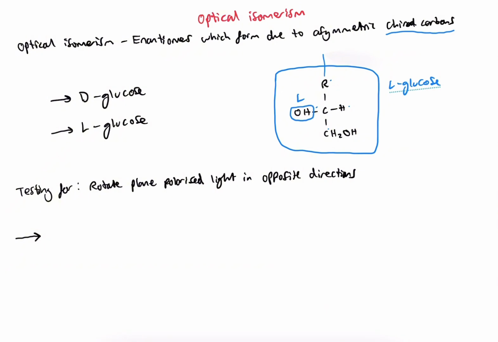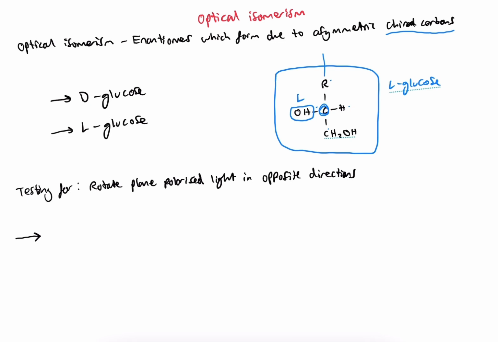Remember, R is just the rest of the chain, so all our hydroxyl groups and everything else in the chain. Now, this is a chiral carbon, as we said here, and this is what we call asymmetry, and this allows us to obtain D and L, like we mentioned previously.